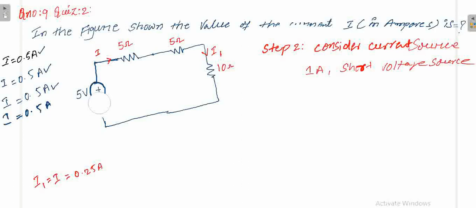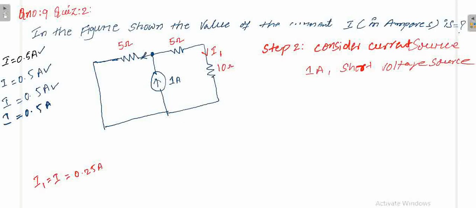So this total branch is shorted. Here you have to consider your current source, that is your 1 ampere. If you observe here, the current coming to this node is 1 ampere. It gets divided like this.